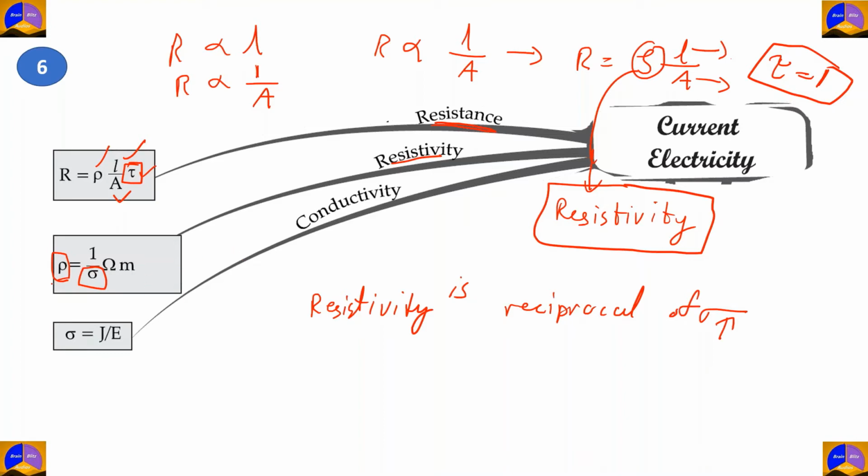So we write resistivity as 1 by conductivity, and its unit is ohm meters. We can also write sigma, which is conductivity, as the reciprocal of resistivity. So sigma becomes 1 by rho. But according to our formula on Ohm's law, J is equal to sigma E, we can calculate sigma or conductivity as J divided by E. And that's the formula given here for conductivity.